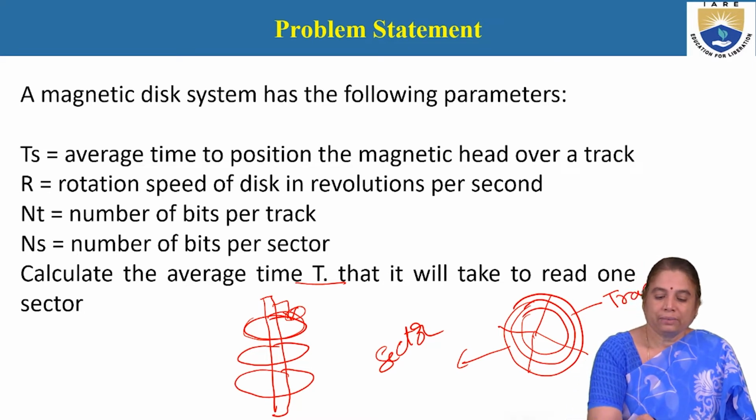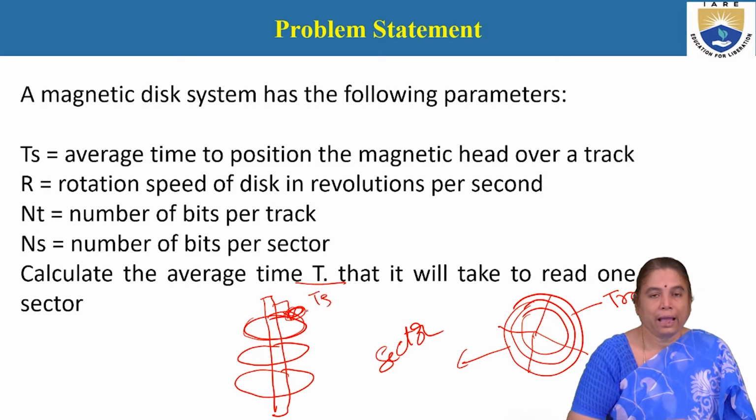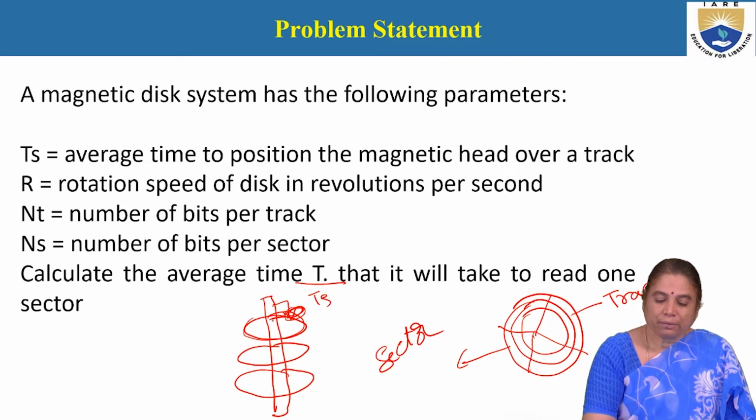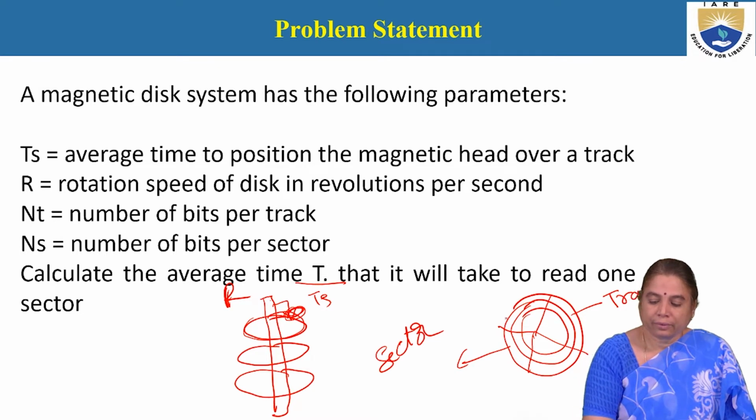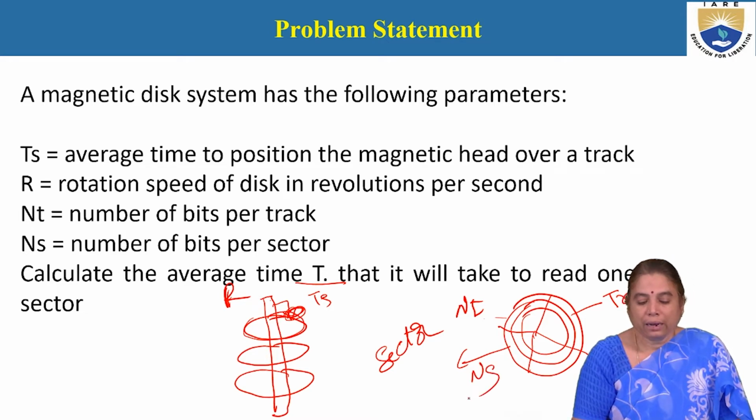So here Ts is the average time to position the magnetic head over a track. This is the time required to position the head. The spindle speed, the rotation speed of the disk, is R. Nt is the number of bits per track and Ns is the number of bits per sector. So calculate the average time T that it will take to read one sector.